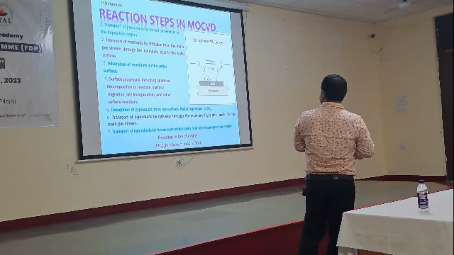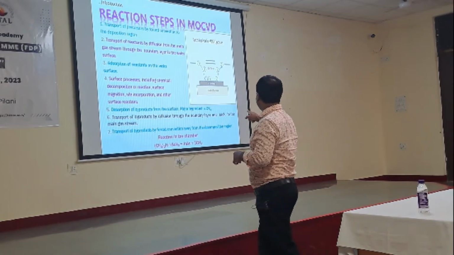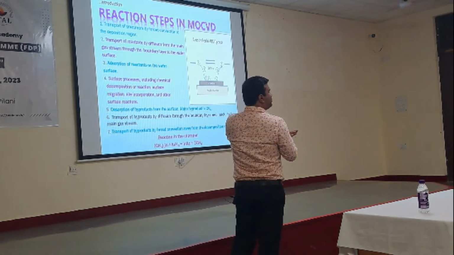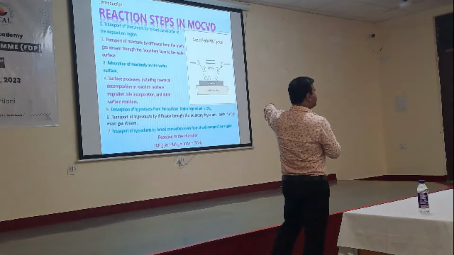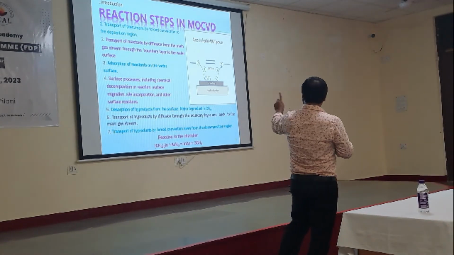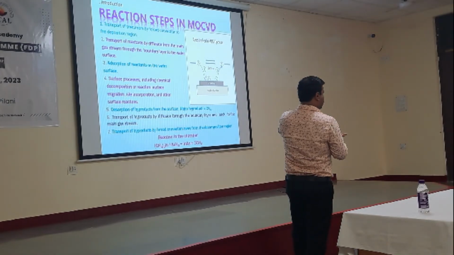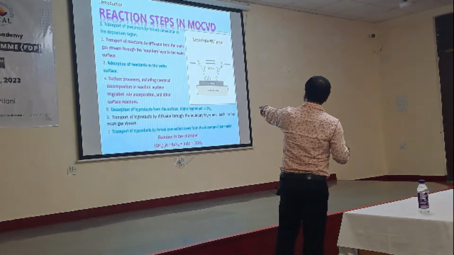Next. These are the reaction steps basically used in MOCVD. You see what I have used here. I told you in the title I have used a gallium arsenide MOS, and in that gallium arsenide MOS I have used indium arsenide quantum dots. Why? Because this indium arsenide quantum dot will act as a charge storing element. A capacitor actually stores charges, so who will store the charges?